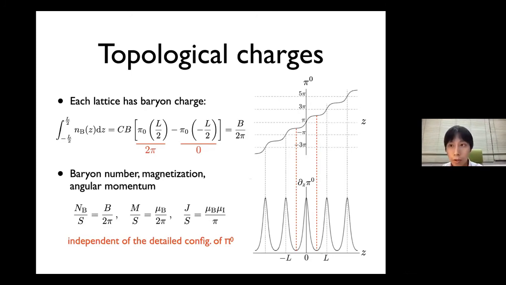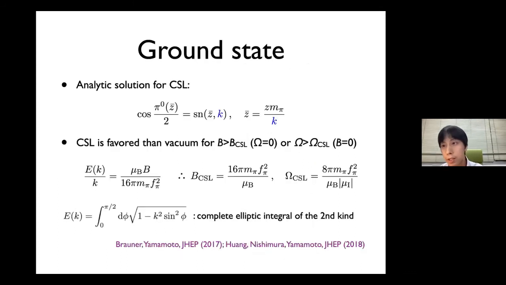Now, I showed you that the ground state we are considering breaks parity symmetry, continuous translational symmetry, and also carries topological charge. Therefore, the ground state is the so-called chiral lattice. But we have not yet fixed one free parameter k called the elliptic modulus.